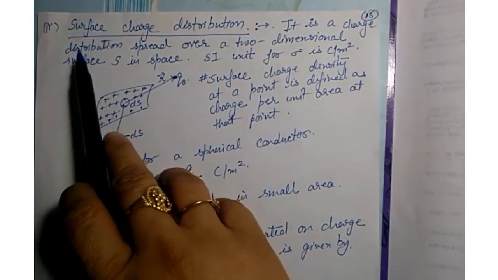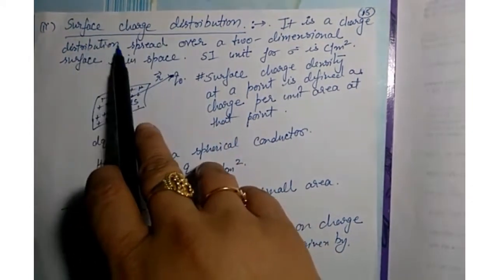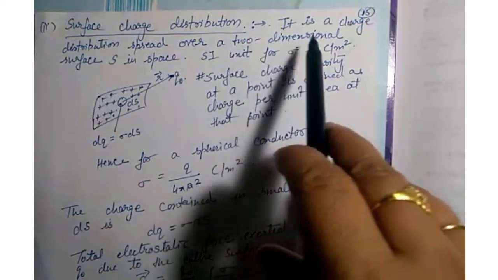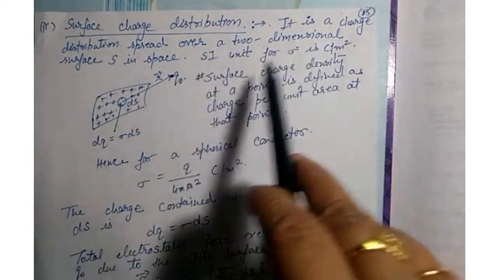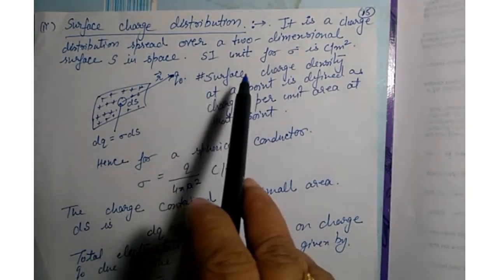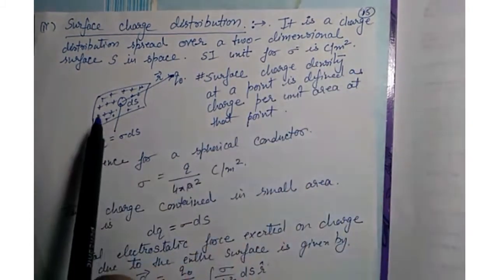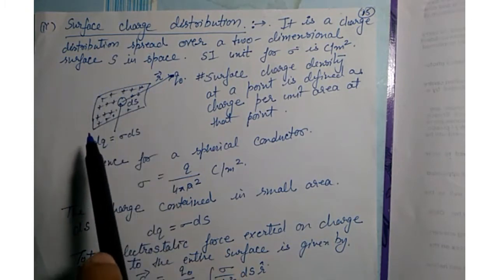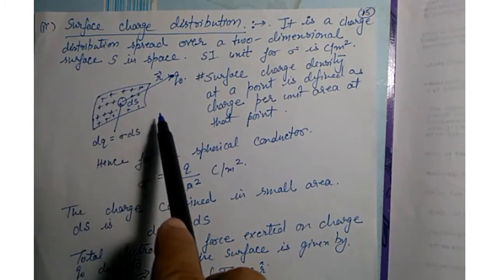Students, after the volume charge distribution, next is surface charge distribution. It is charge distributed over a two-dimensional surface S in space. The SI unit for sigma is coulomb per meter square. Here we have an area over which the positive charge Q is uniformly distributed.